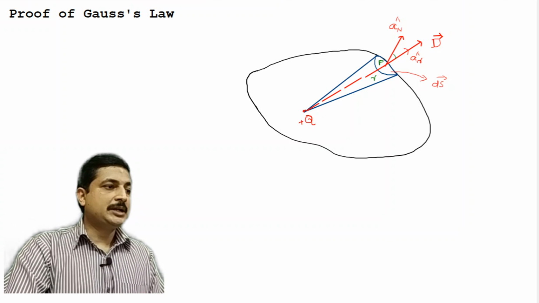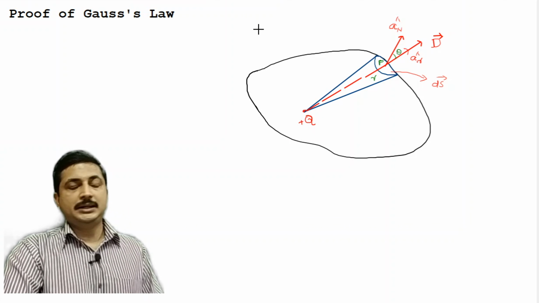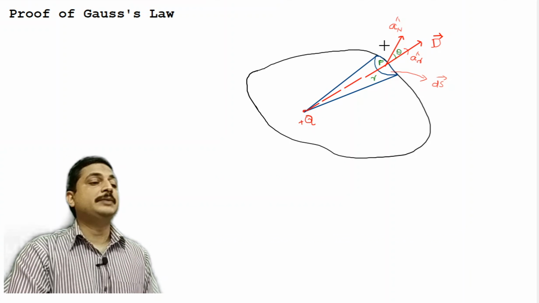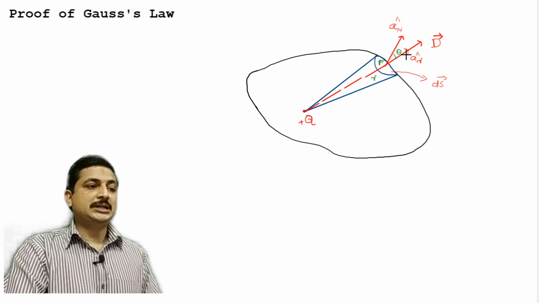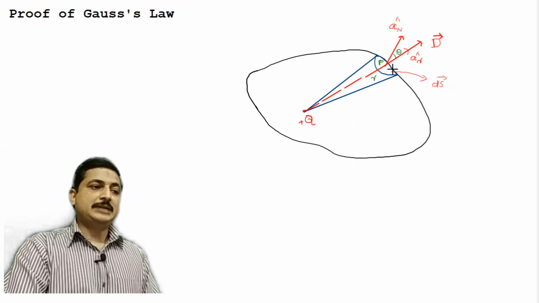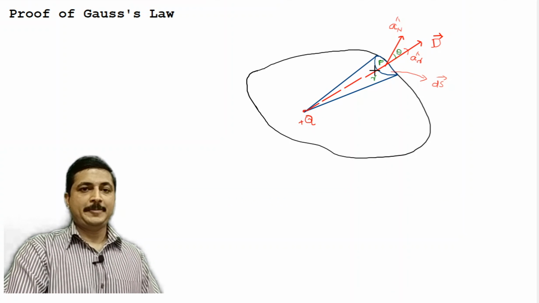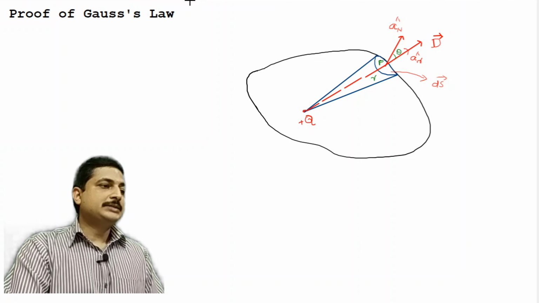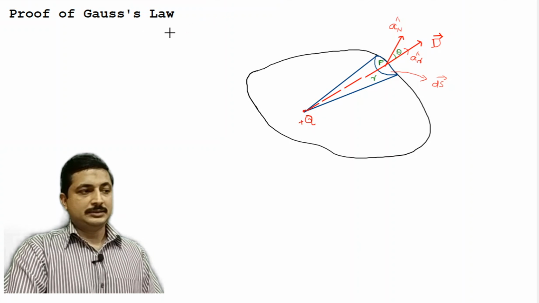Now let me consider the angle between a_r cap and a_n cap as some theta. Just represent the angle between a_n cap and a_r cap as theta. So these are the things you should remember before starting the derivation. I hope this is fine. Now I start. I am trying to prove Gauss's law.